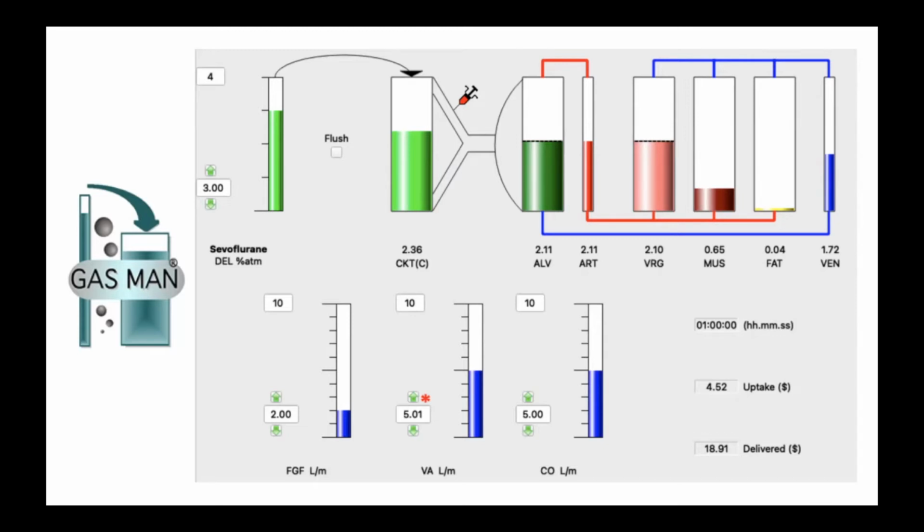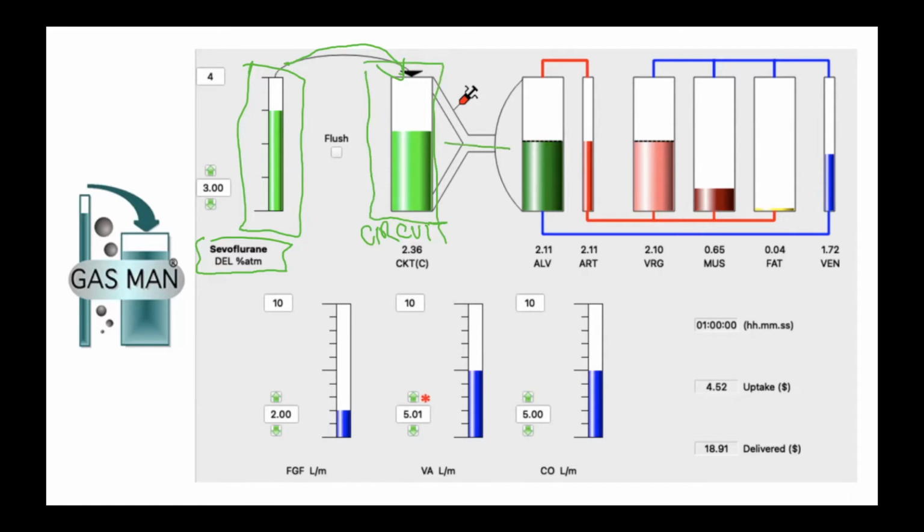And what we have here is the volatile agent, and consider this to be the vaporizer, and it heads into the circuit. So this is the circuit concentration. And then after that, it starts trying to equilibrate with the alveolus, which rapidly equilibrates with arterial blood.